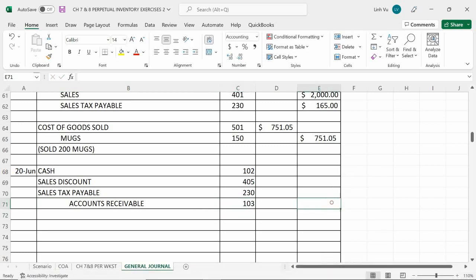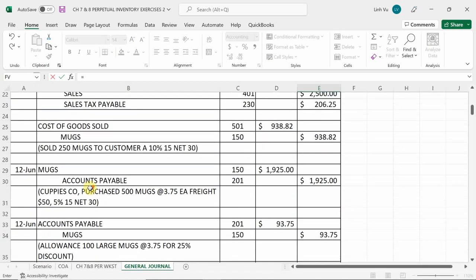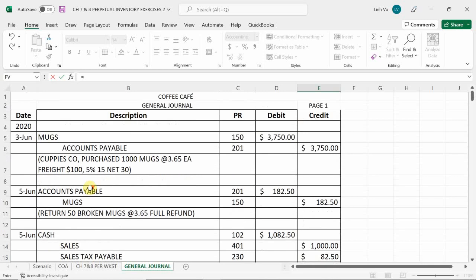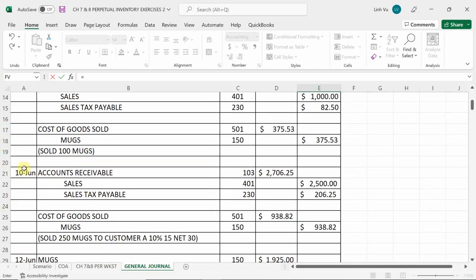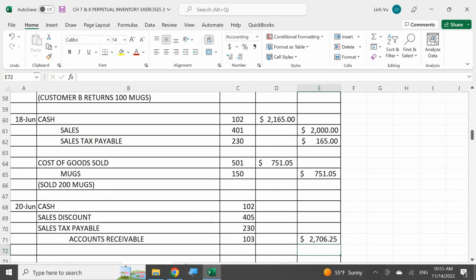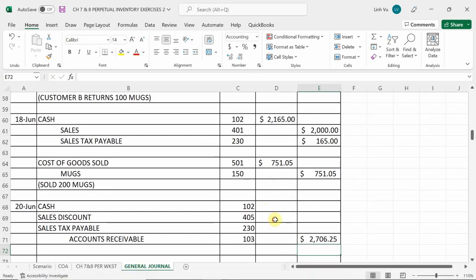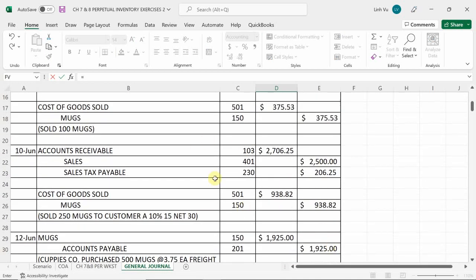So let's take a look at how much we actually owe customer A. We sold to customer A here on June 10 for a total of $2,706.25. Now, we offered customer A the opportunity to take a 10% discount. What can we discount?